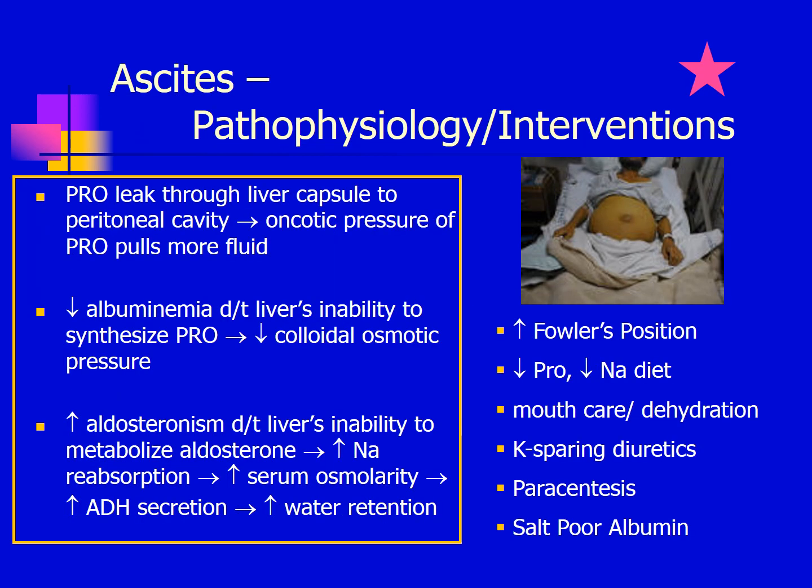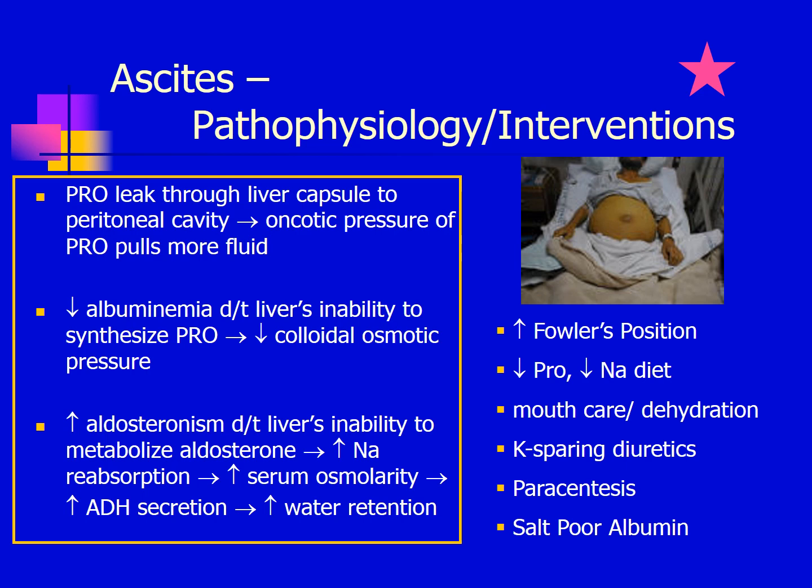Next slide. So ascites is another complication. In ascites, protein leaks through the liver capsule into the peritoneal cavity, and so it leads to oncotic pressure pulling more fluid. So more fluid is pulled, albumin decreases, so the fluid is leaving, albumin is not in the blood anymore, right?